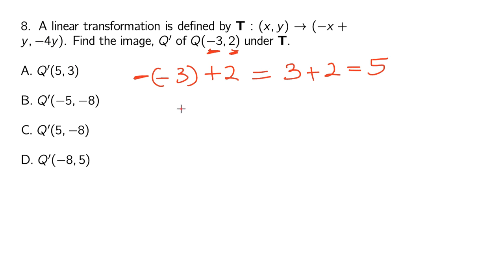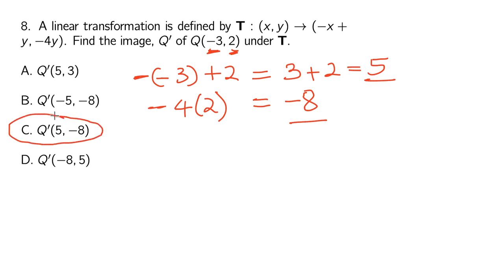What does minus 4y give us? Oh, sorry. It gives us minus 4 times 2. And minus 4 times 2 is minus 8. So the coordinates of Q prime are (5, minus 8). And that's what this is giving us, C.